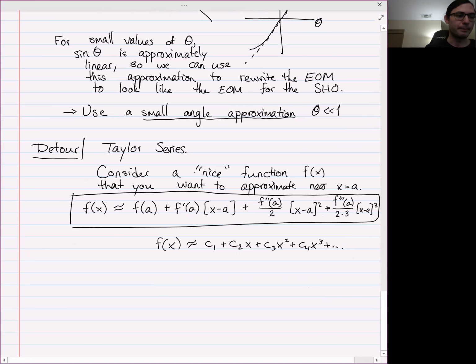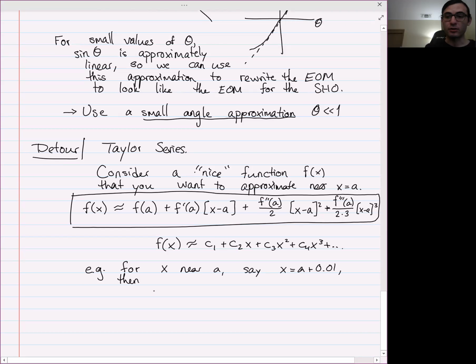So if we want to evaluate this approximation for x close to a, say x equals a plus 0.01, then let's just look at each of the terms raised to whatever power, what those terms give you.